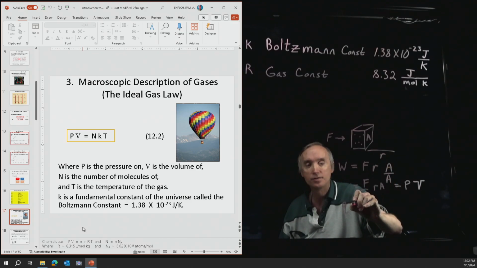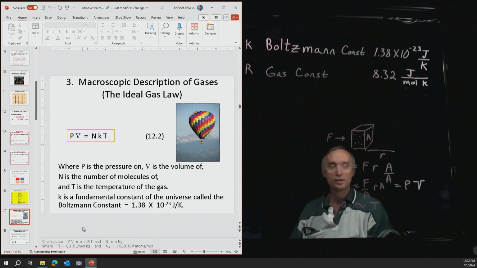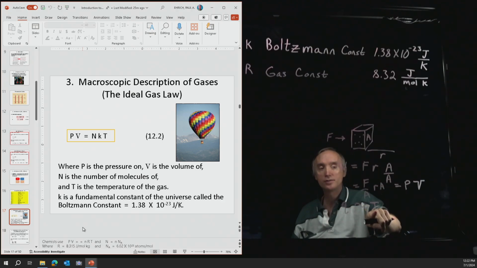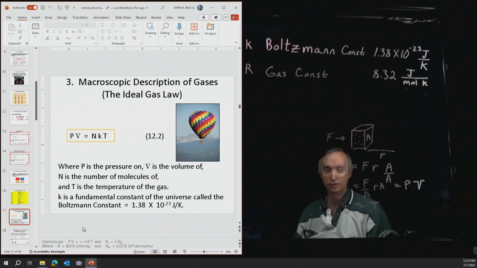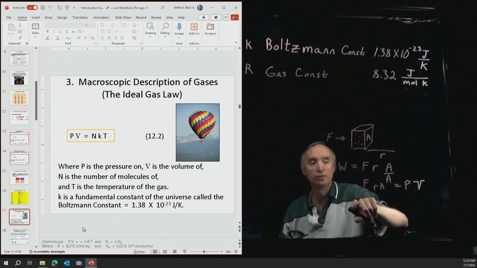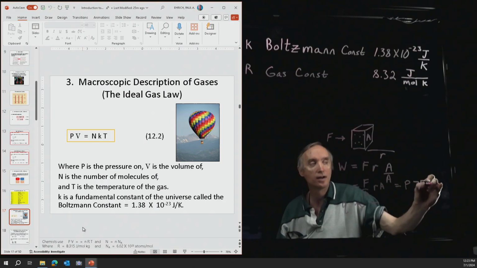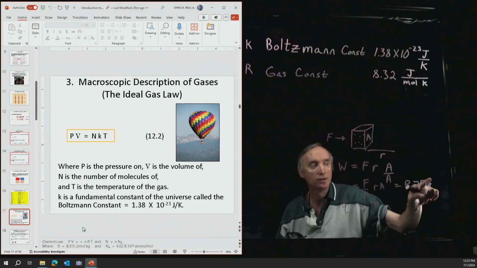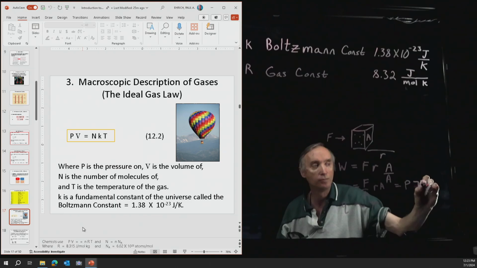And what was the definition of heat? It was an energy that was proportional to the temperature. So if you raise the temperature of a gas, then you increase the amount of energy that goes into it. So we're going to set that equal to this side over here, and instead of equals, let's put a proportion symbol and say that it's proportional to the temperature.